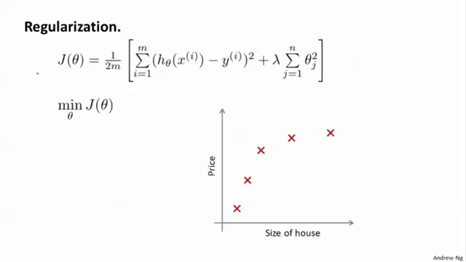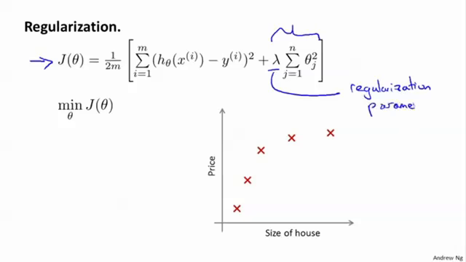Writing down our regularized optimization objective, our regularized cost function, again, here it is. Here's J of theta, where this term on the right is the regularization term, and lambda here is called the regularization parameter. What lambda does is control a trade-off between two different goals. The first goal, captured by the first term in the objective, is that we would like to fit the training set well.